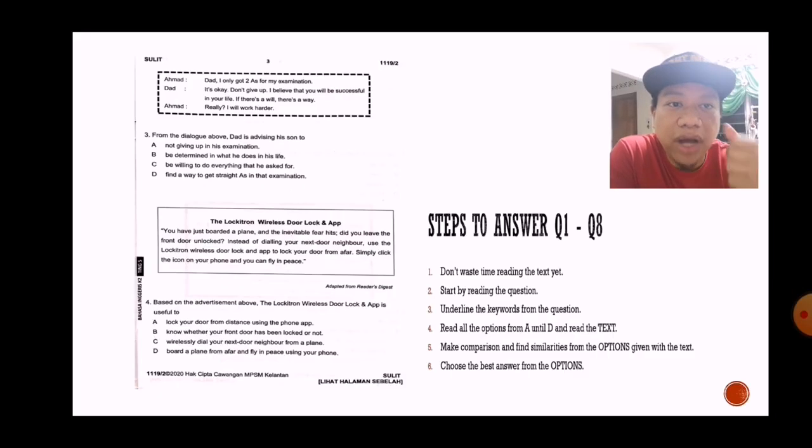So can you find the word with the same meaning as sentence A? Okay, so this Locktron can lock your door from distance. Distance means boleh kunci pintu daripada jauh. Okay, so do you find the word distance? Jumpa tak perkataan distance in the text?